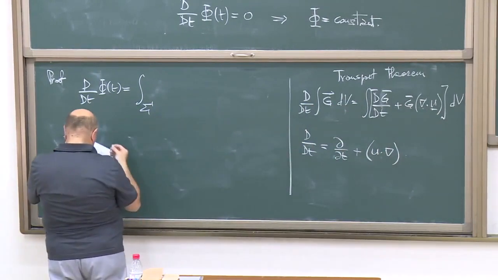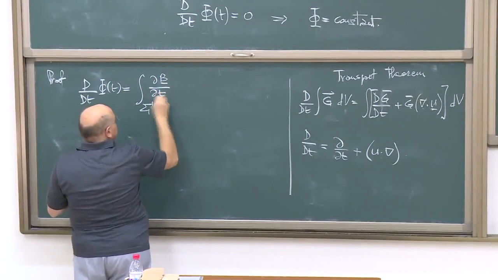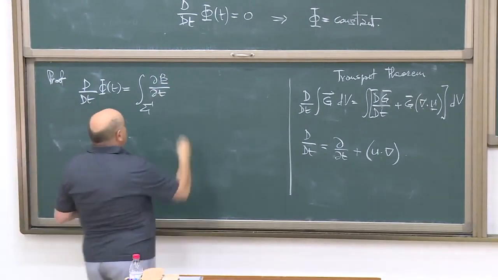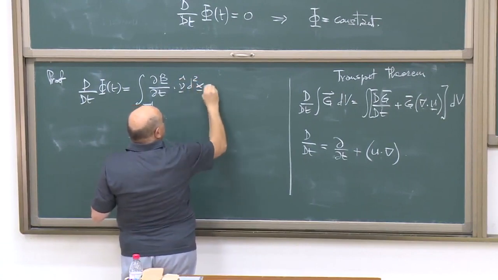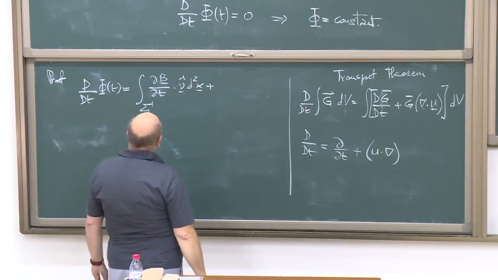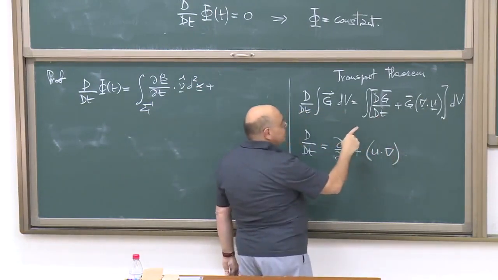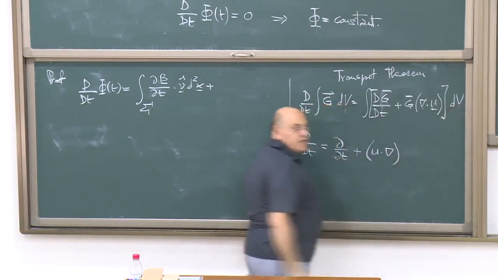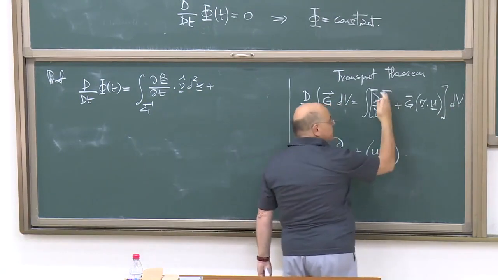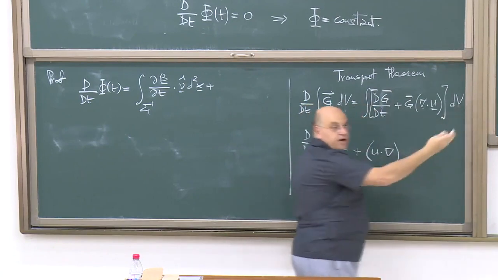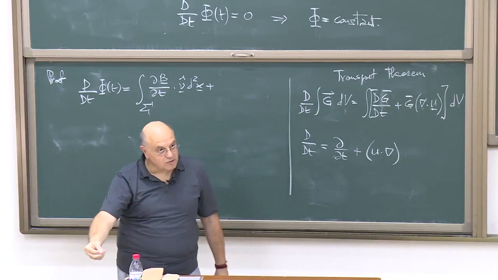So this becomes the partial derivative dB dt times nu d2x plus, now you remember that we used to go from this, we left part of it in the volume and part of it we used the divergence theorem to get the flux through.